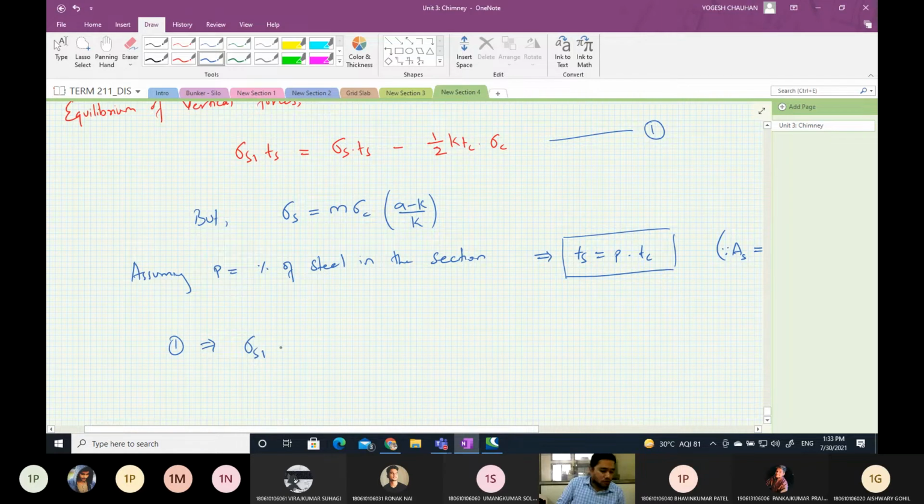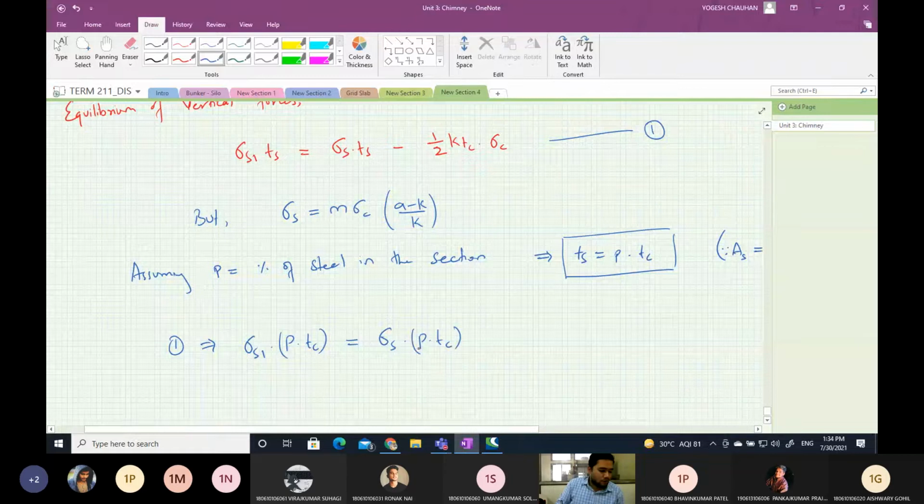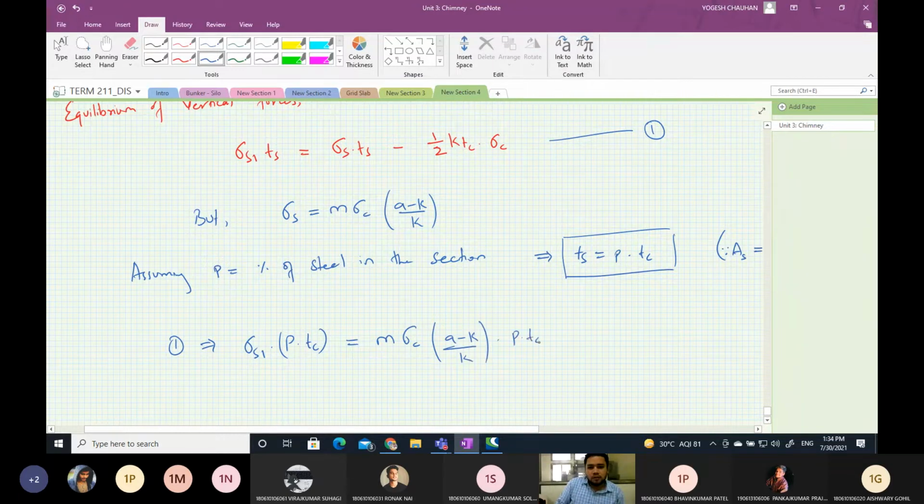sigma S1 times P times Tc. We are substituting this here, then sigma S times P times Tc, and we can also substitute sigma S as M times sigma C A minus K by K times P times Tc.